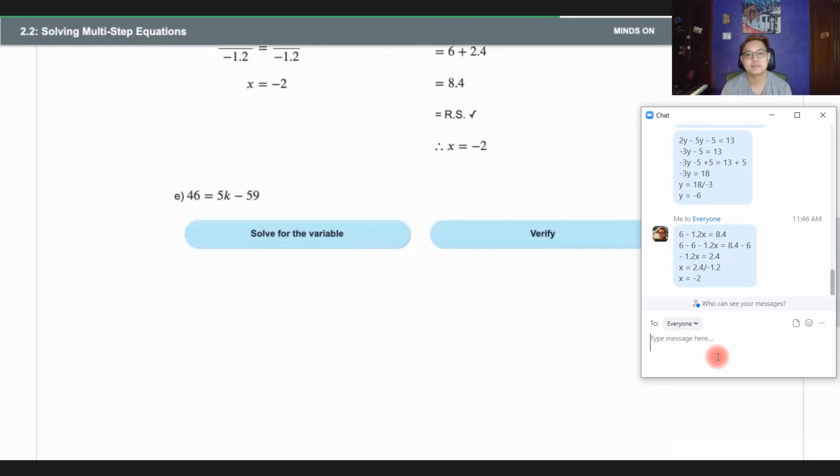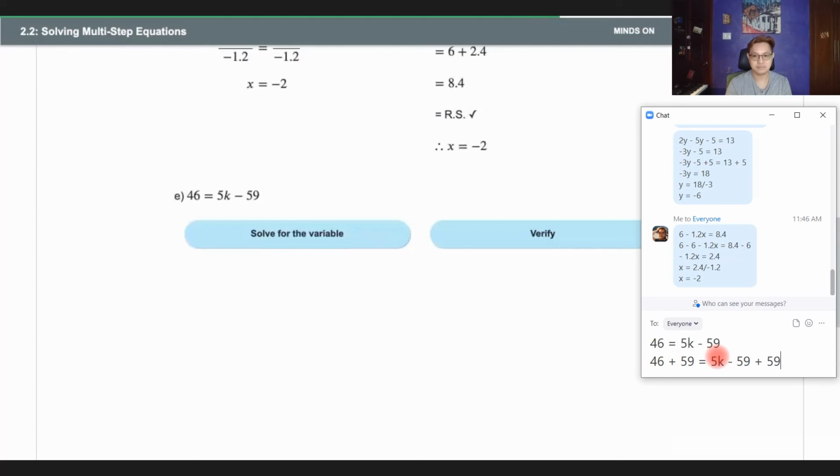This one should be a simple one. 46 equals 5k minus 59.